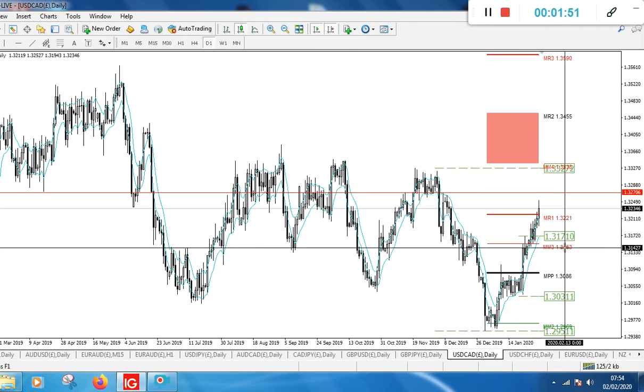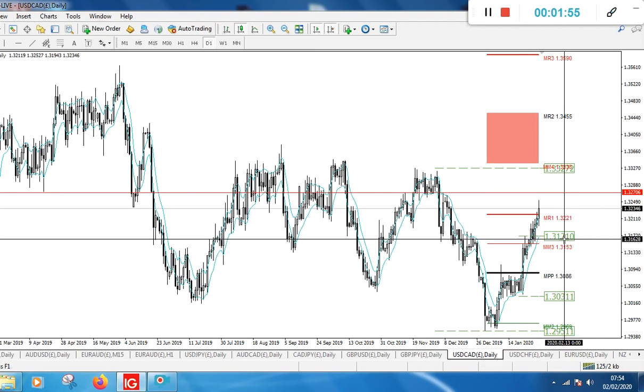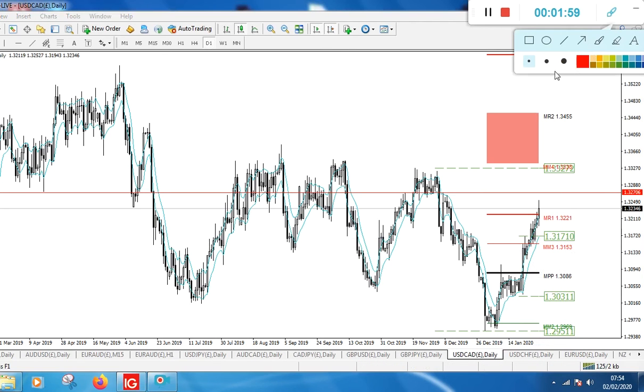I think it was down. Yeah, that was down here. I was looking at it, and I think this is the one I missed. When it retraced down here, I missed that trade.